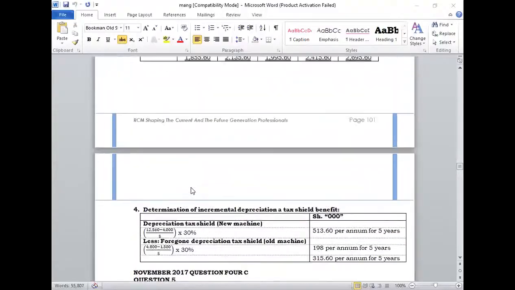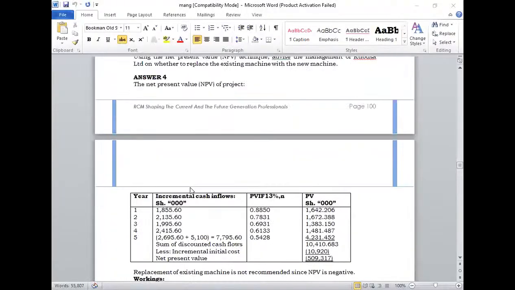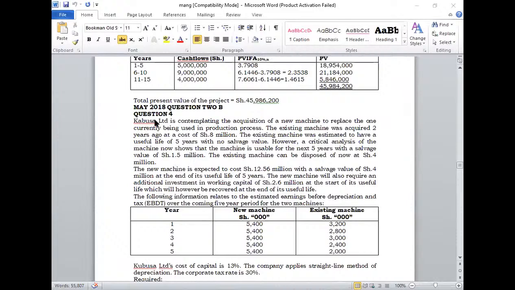They are telling us here, Kabusa Limited is contemplating the acquisition of a new machine to replace the one currently being used in the production process. The existing machine was acquired 2 years ago at a cost of 8 million, estimated to have a useful life of 5 years with no salvage value.